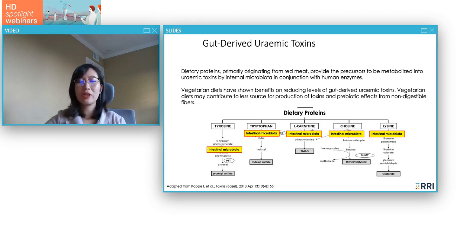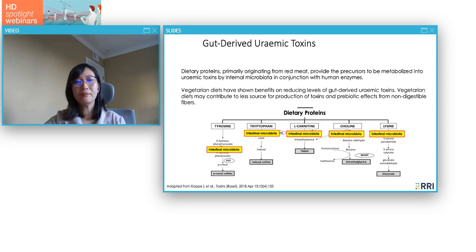Their precursors are generated in the gut, and they finally metabolize into uremic toxin, sometimes in the liver, by adding a phosphate and other groups. So a vegetarian diet has lower content of this type of amino acid, so they contribute less to the source for production.